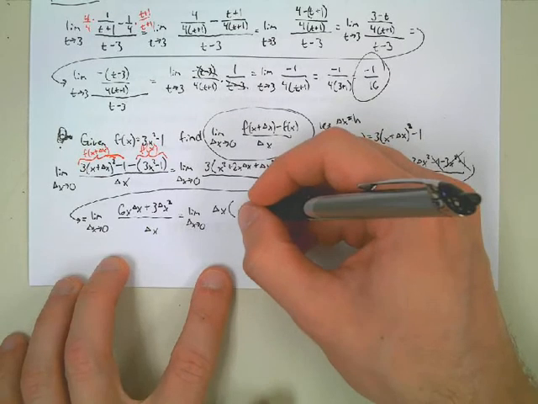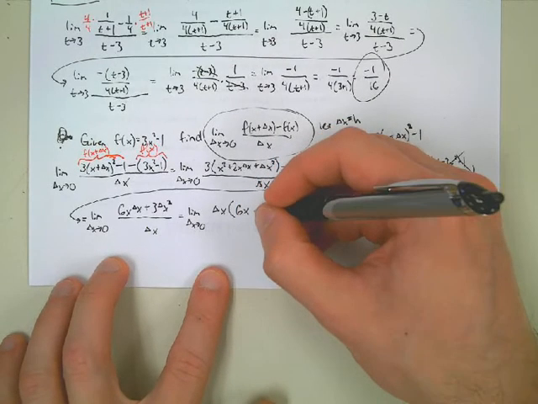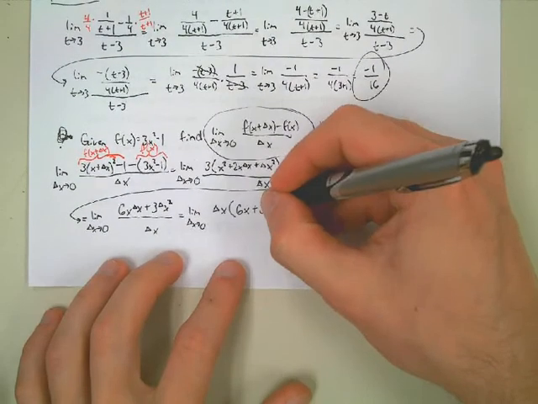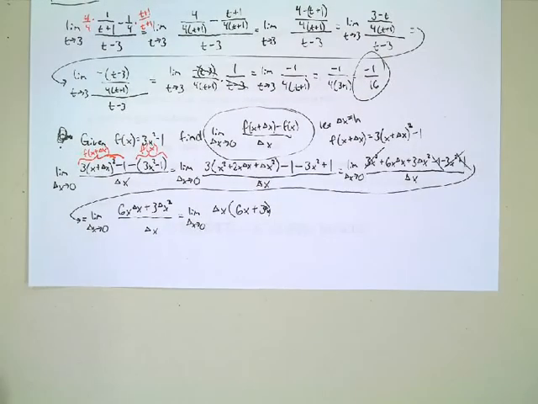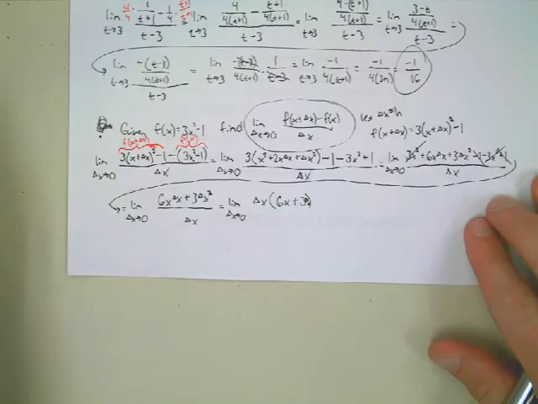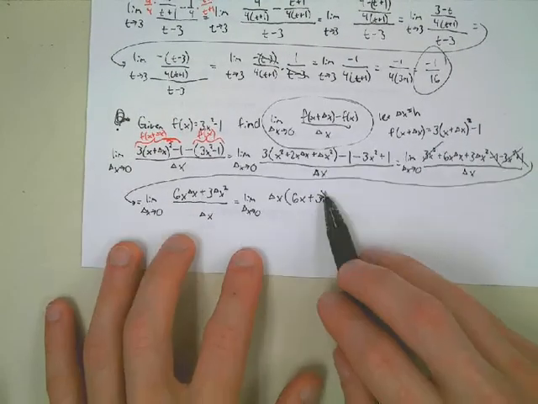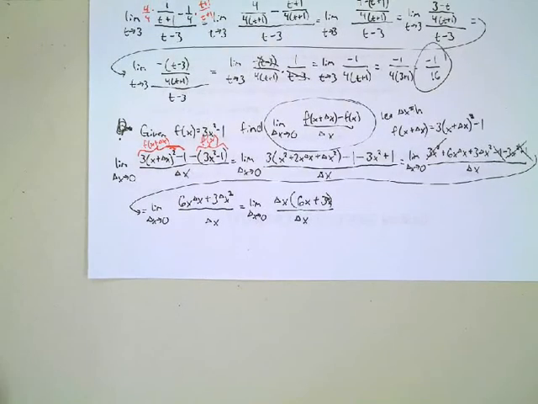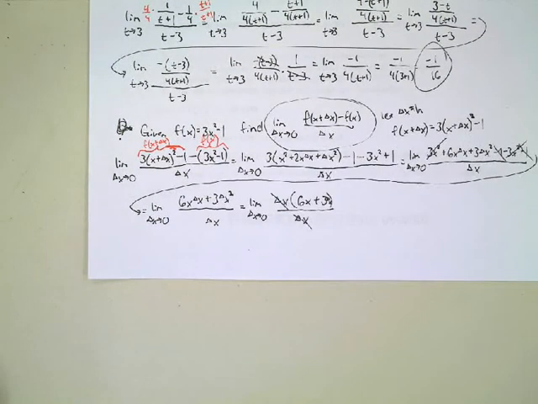Oh, oops, I forgot a delta x with the 3. There we go, perfect. Okay, the delta x's cancel. And so I have the limit as delta x approaches 0 of 6x plus 3 delta x.